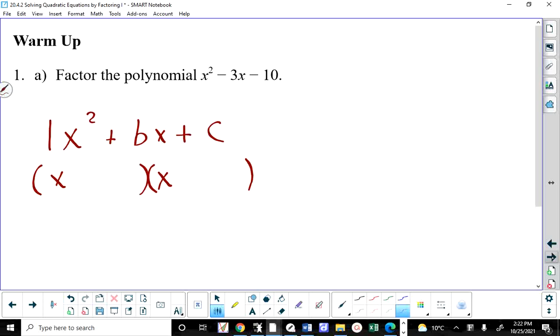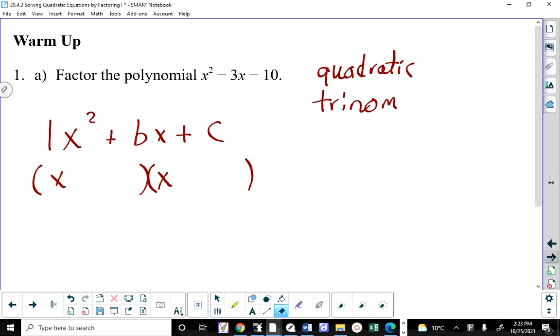This polynomial is quadratic, and it's a trinomial. It's quadratic because it contains the variable squared, x squared.